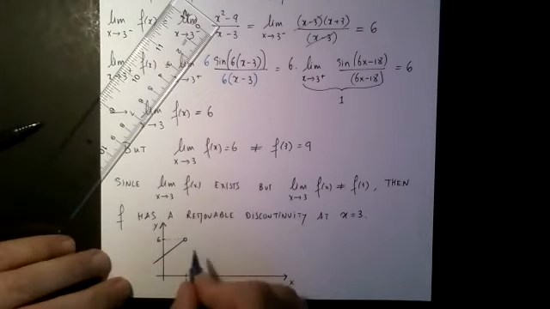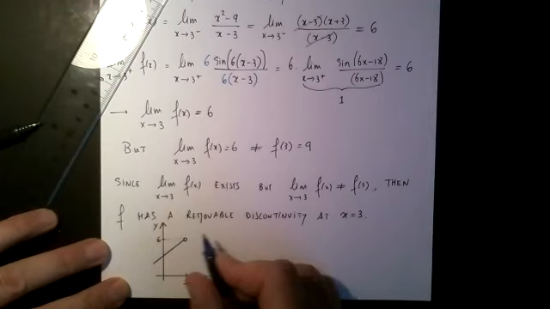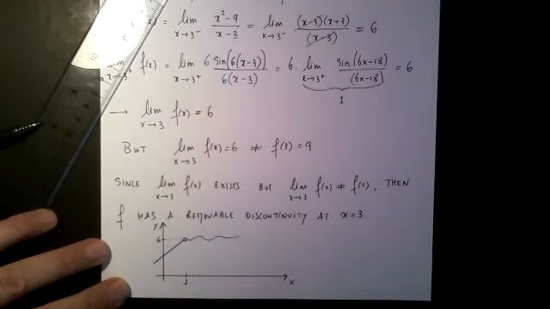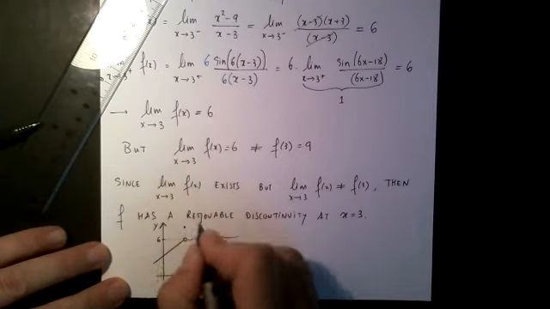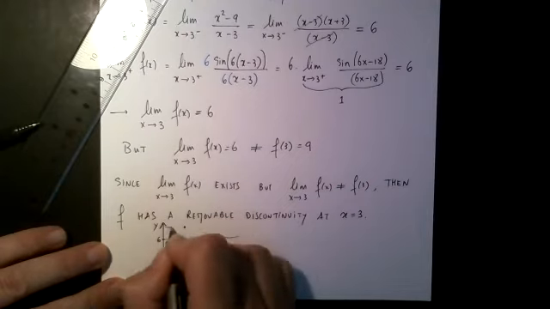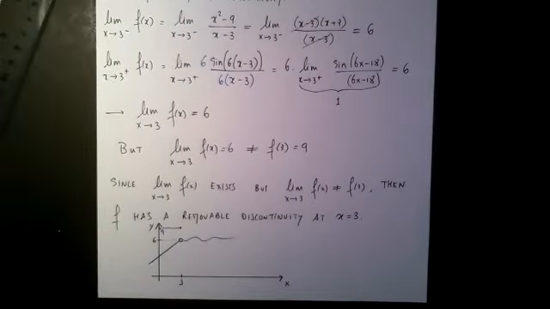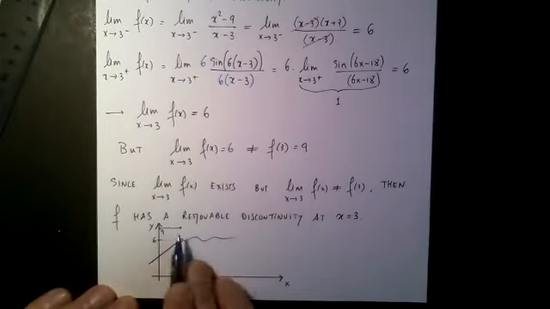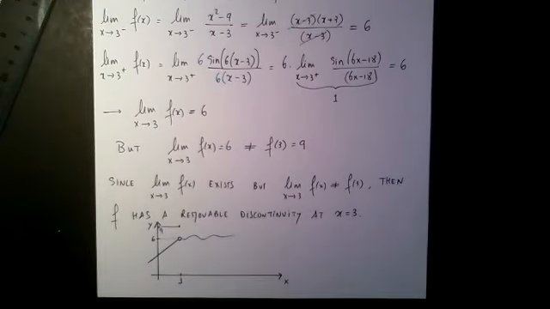On the right, it's approaching 6 also. I don't know how it looks like. Who cares? And at 3, the function is worth 9. You get it? So I see there's a jump. Not a jump, sorry, a removable discontinuity.